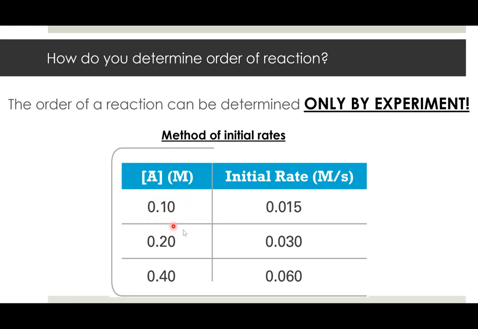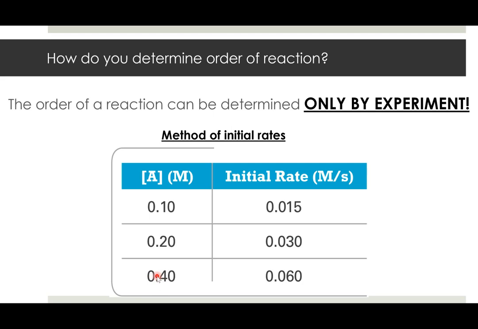So we've got to have some way to measure the concentration, okay? So a concentration of our reactant, and then we're going to somehow be able to measure the rate. So when the concentration is 0.1, what was the rate of that reaction? How fast did it happen? When the concentration initially was 0.2, what was the rate, or how fast was that reaction?